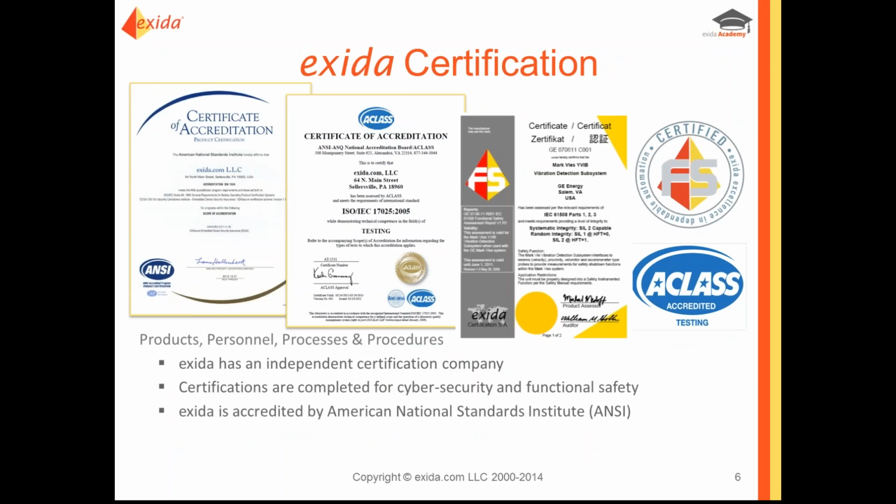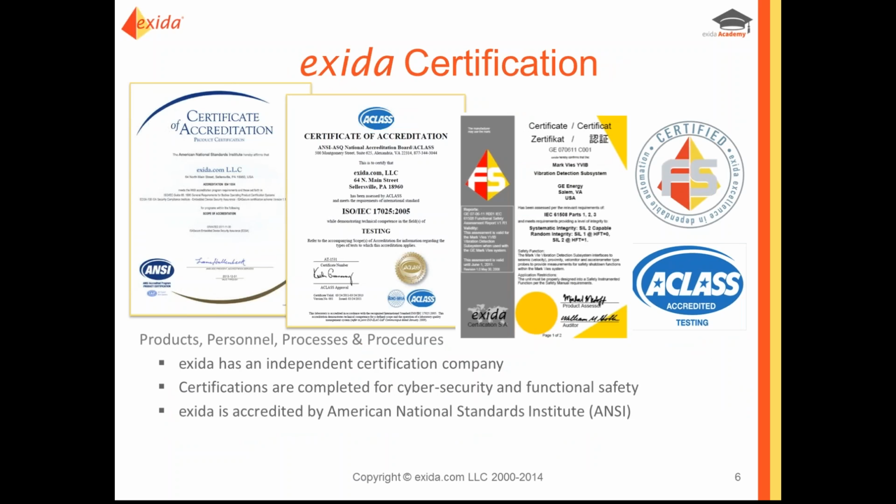We are ANSI certified as well as A-class certified. The ANSI certification means ANSI comes in and does a detailed review of our processes and procedures and certifies us to those and to the ANSI standards.